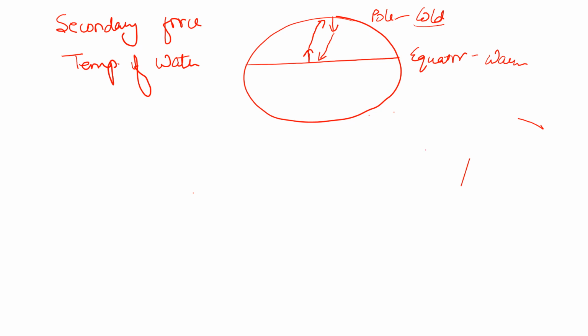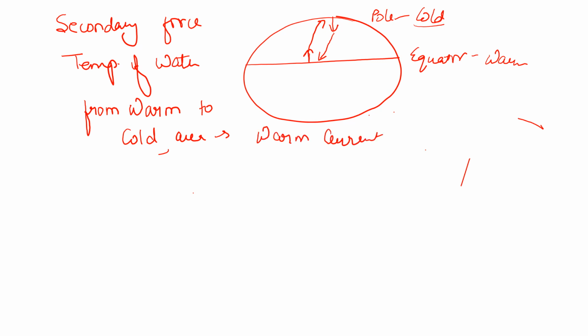So the water traveling from a warm area to a cold area is known as warm current. So it is known by the name of origin, not the destination.